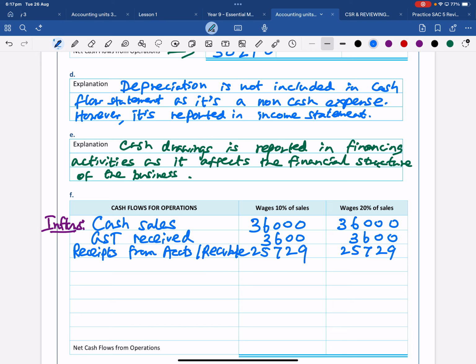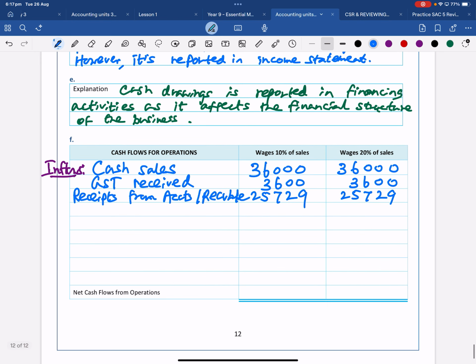Okay, guys. Then please add the inflows. Do we have to do that?